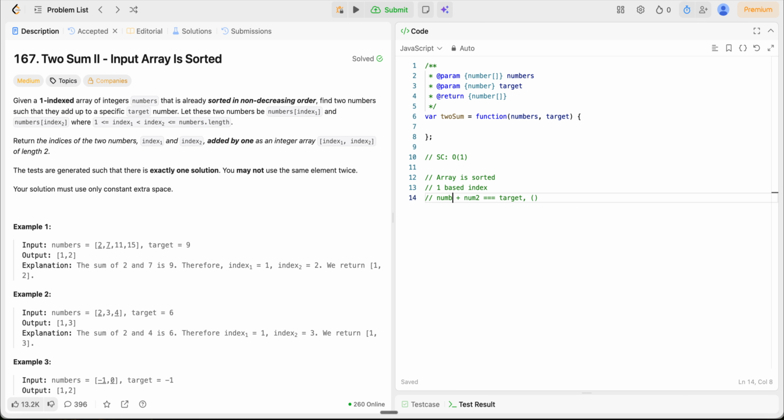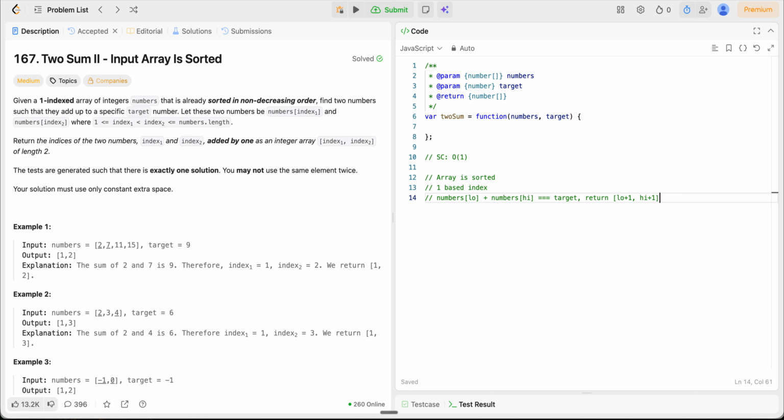Okay, numbers of index 1, or let's consider this as low pointer, and numbers of high. Then we will be returning low plus 1 comma high plus 1. This is because it is one based index.